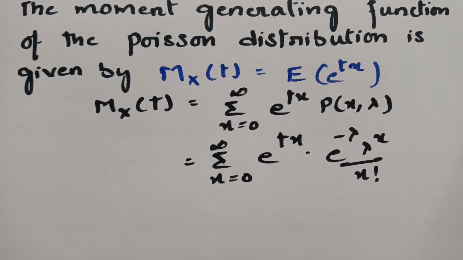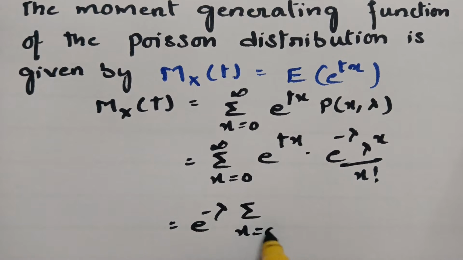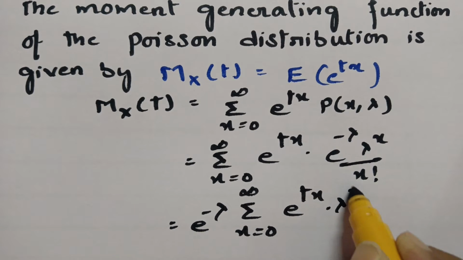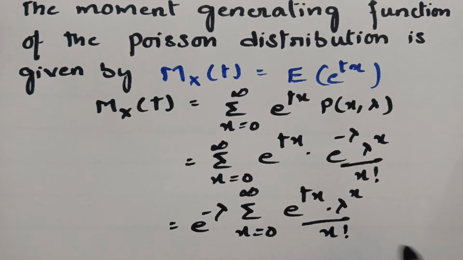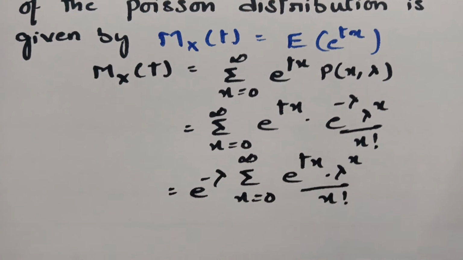See here, e power minus lambda, I am bringing it outside. This is sigma x equal to 0 to infinity e power tx, and this is lambda power x by x factorial. Now this is power x and this is also lambda power x.